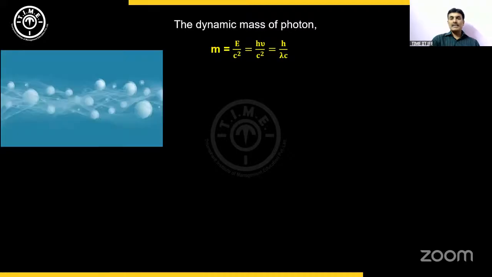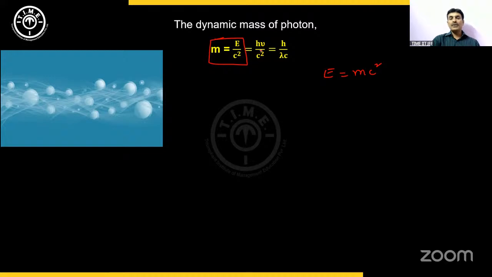Okay. Now, the dynamic mass of a photon is given by, from the relation E is equal to mc square. From that, m is E by c square, right? And E is h nu, so h nu by c square.